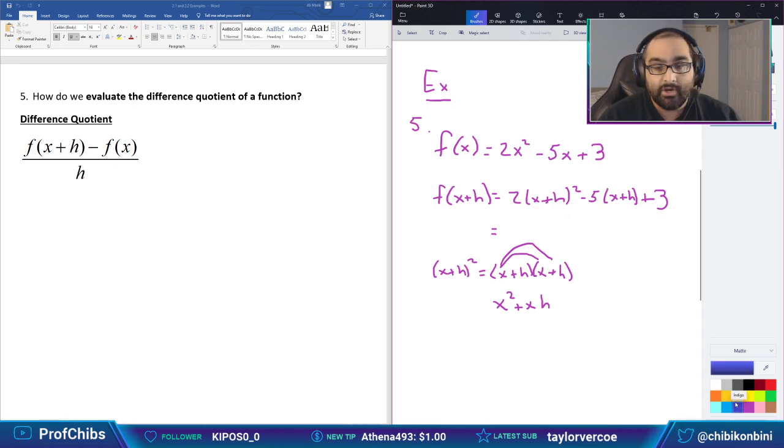So here's what I think you should do, Joseph. This may be helpful for you. I wrote in f of x plus h. How do I know that it's going to look like that? Remember, all we're doing here, if we're trying to evaluate a function of any variety, whether that be letters or numbers, is playing a substitution game. So if it helps you, just draw it out.